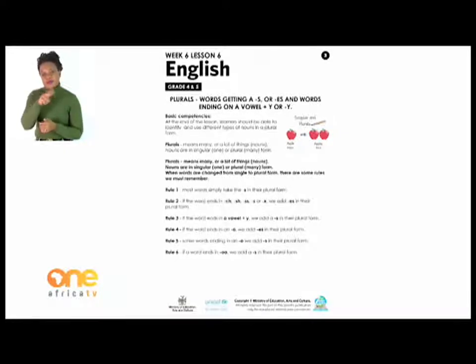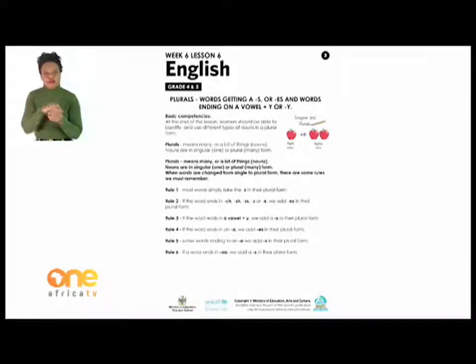The rule number 1 that we talked about is that most nouns simply add an S when we are talking about them in many, or in their plural form. Number 2, if the word ends in CH, SH, SS or double S, S or X, we add an ES when we are pluralizing.